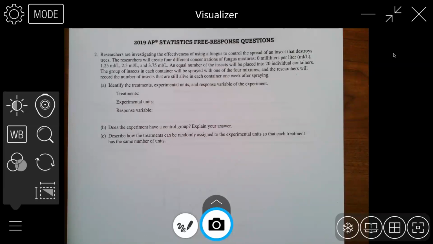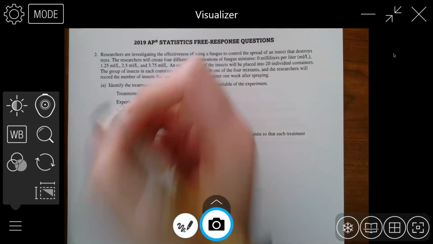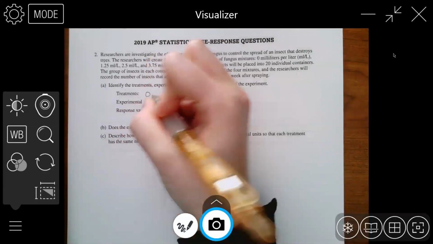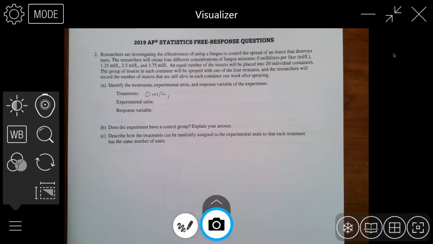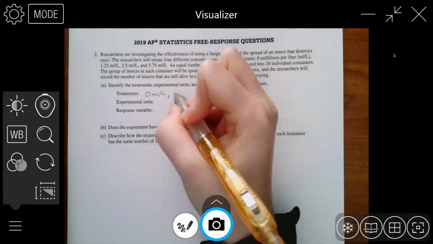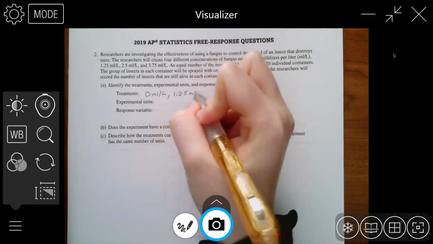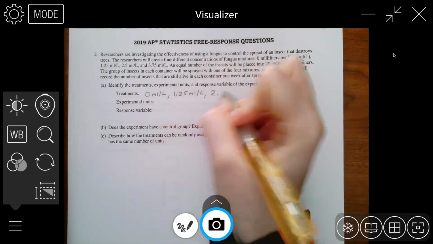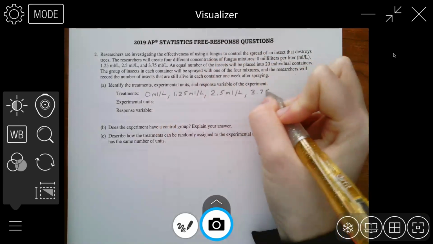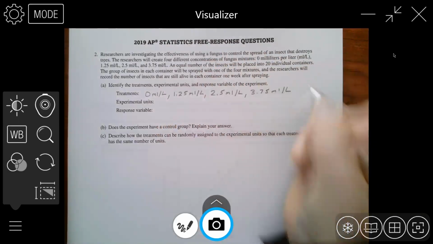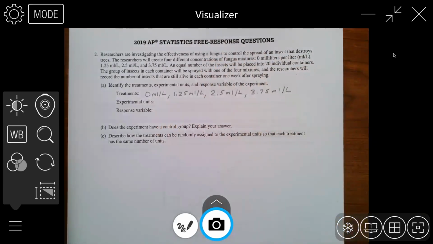Yep, and you'd want to list them out, so don't forget to do it with units. So they do ml/L like that. And you can just make a list, okay? There's no need to start explaining or anything. All right, so those are the 4 treatments.